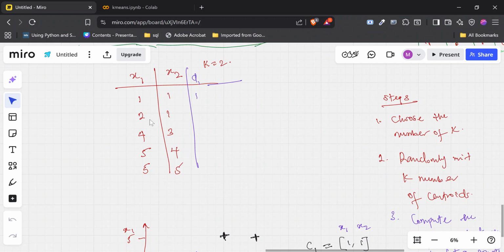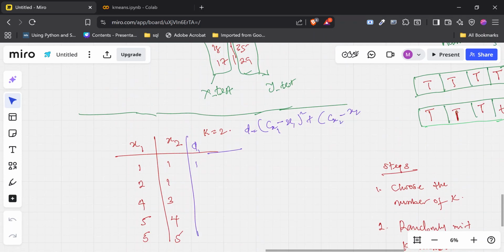So the formula for this D is actually Cx1 minus x1 all squared plus Cx2 minus x2 all squared, something like that. So it's actually very simple.